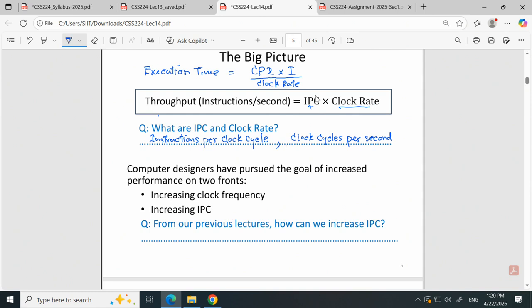Increasing the IPC. It's quite straightforward, right? You want to get a higher throughput, you increase one of them, or maybe both. IPC or clock rate. But remember, for the ideal pipeline processor, the maximum we can obtain for the IPC is just 1, right? So what we can do is to increase the clock rate.